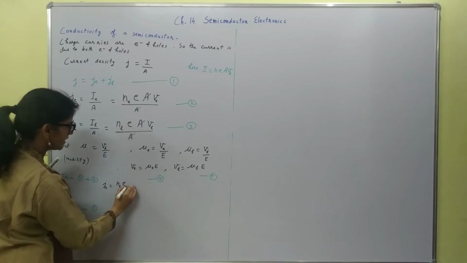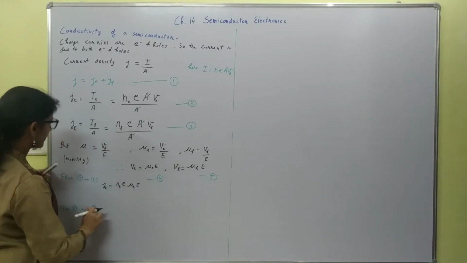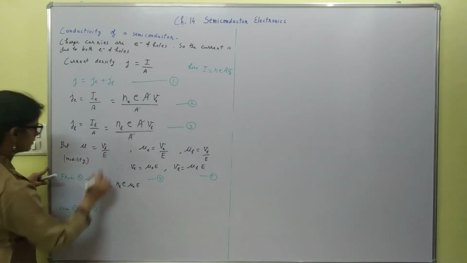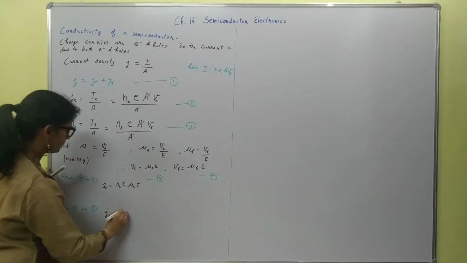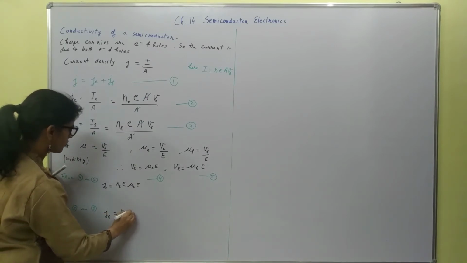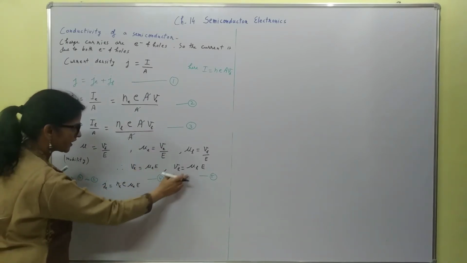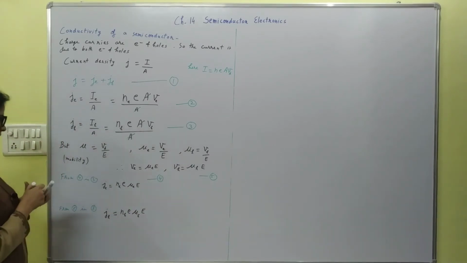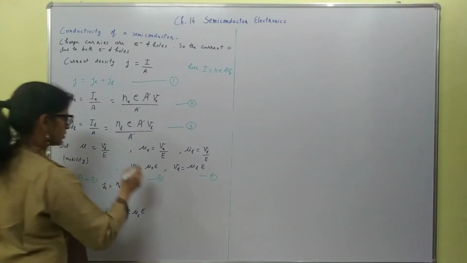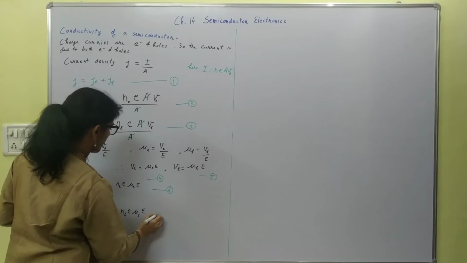For Ve I can write mu e into E, and similarly 5 in 3 means Jh is equal to Nh e. For Vh I can write mu h into E, right? And I can mark these as equations 6 and 7.